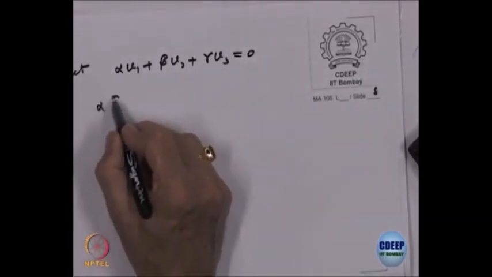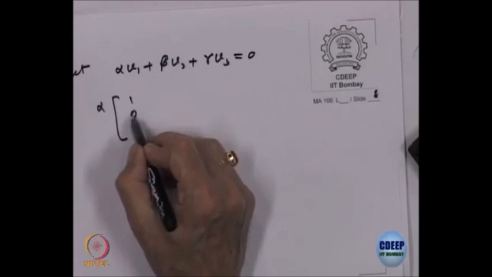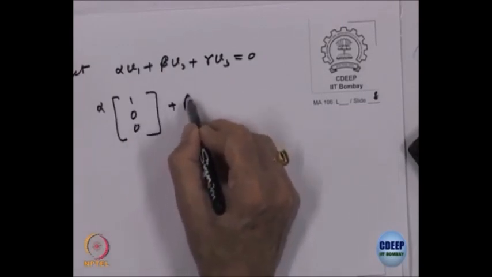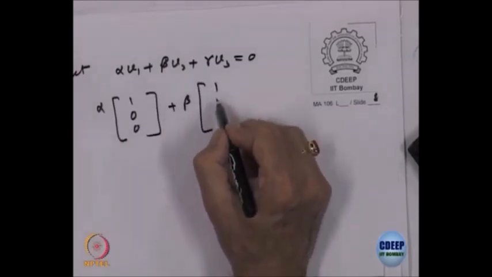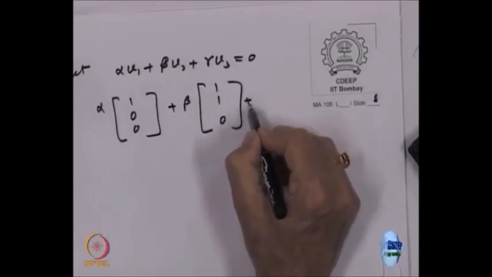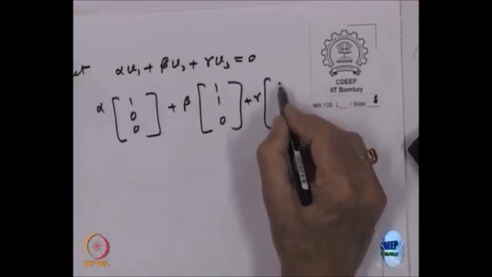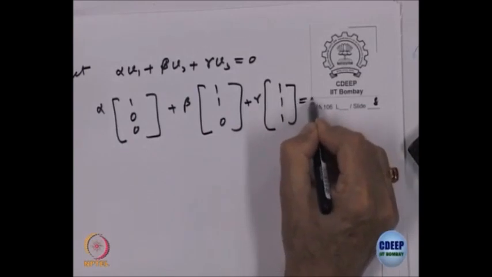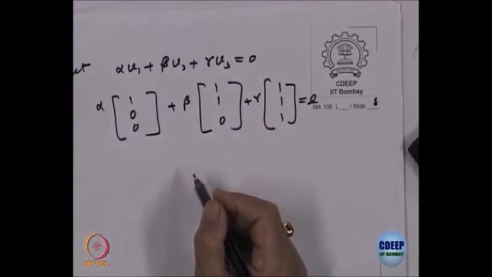What does that mean? Alpha times (1, 0, 0) plus beta times (1, 1, 0) plus gamma times the third vector (1, 1, 1) is equal to 0. Let us simplify.